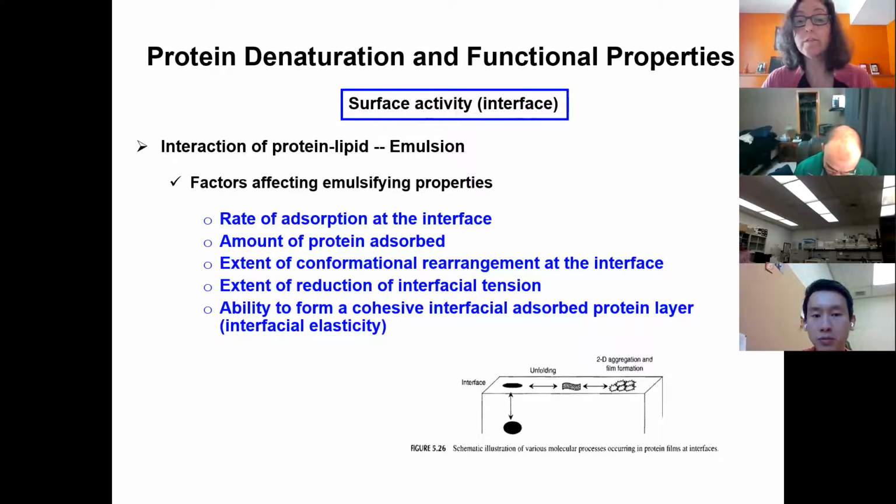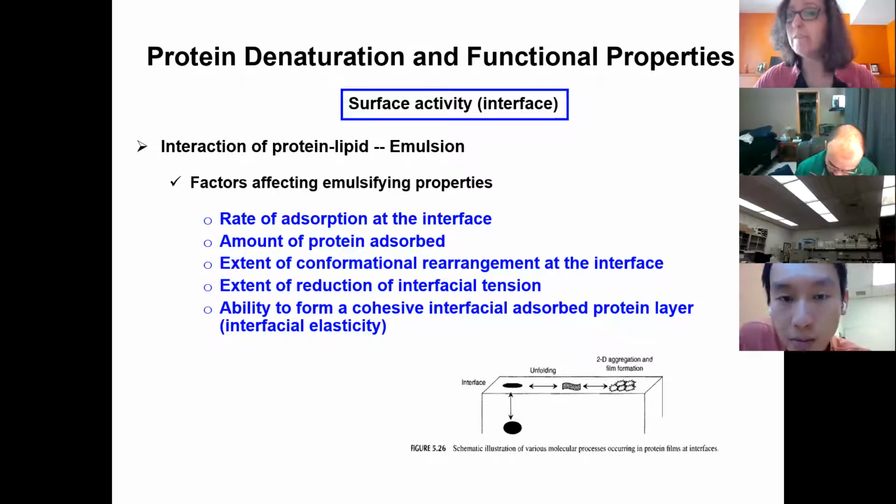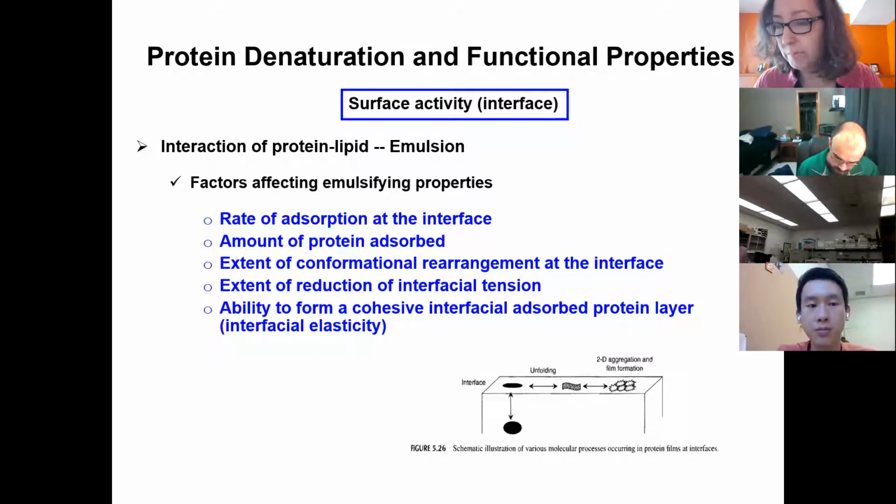And the extent of conformation or rearrangement: how much is that protein able to flex and orientate the different groups to the different phases? Again, if you have a very compact protein stabilized by a lot of disulfide linkages, it's not very flexible. It's not going to be easy to orientate its different components.